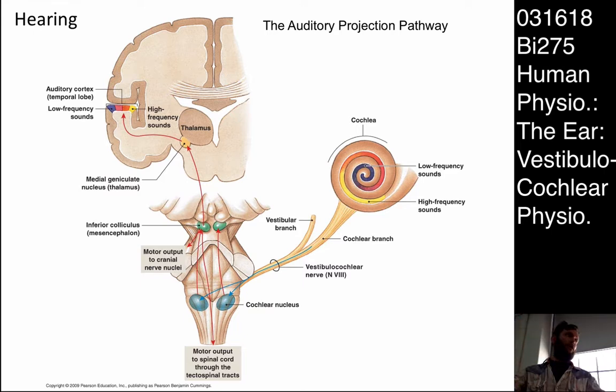It's a map of all of the sound that we are able to hear, laid on top of the temporal lobe. So that's the little thumb in my little map of the brain here. It's right here along the top of that temporal lobe. All right, so that's the auditory projection pathway.